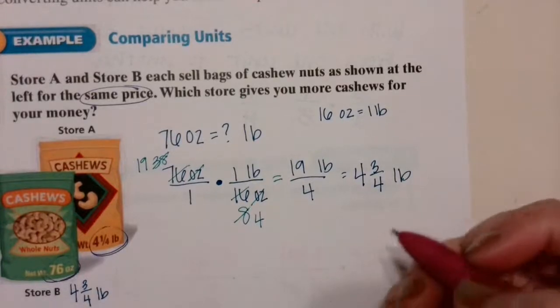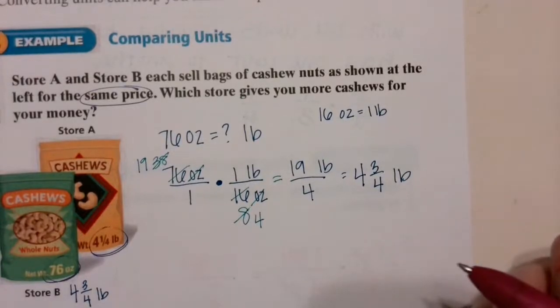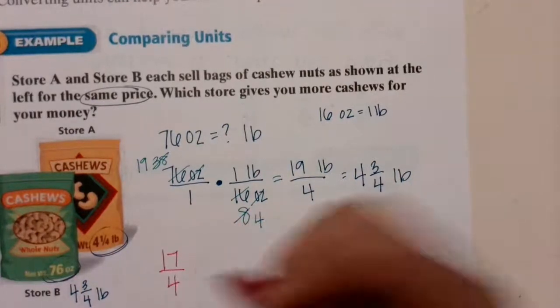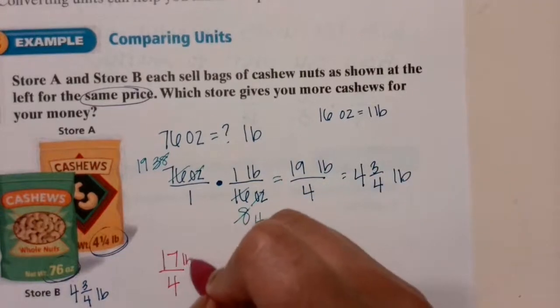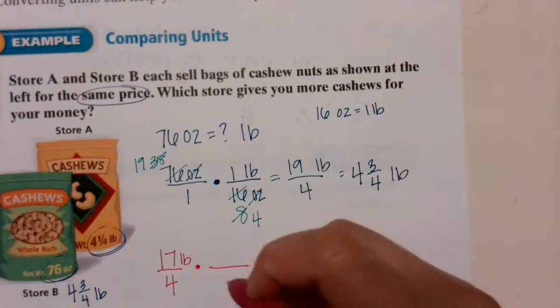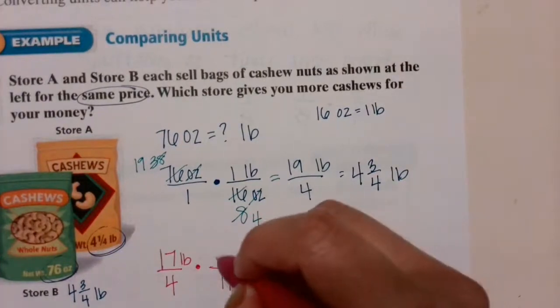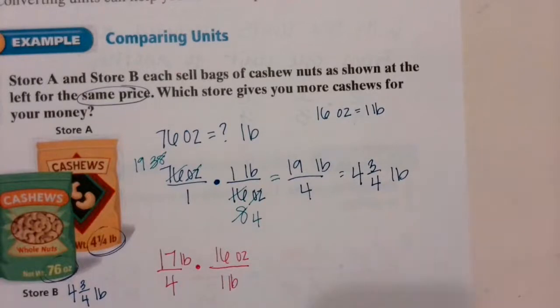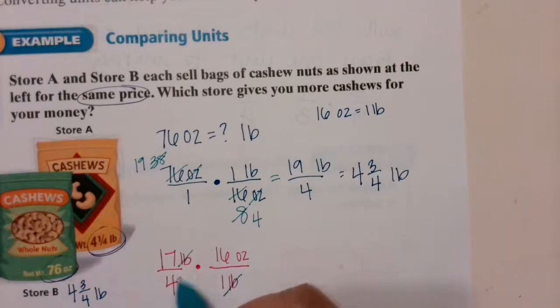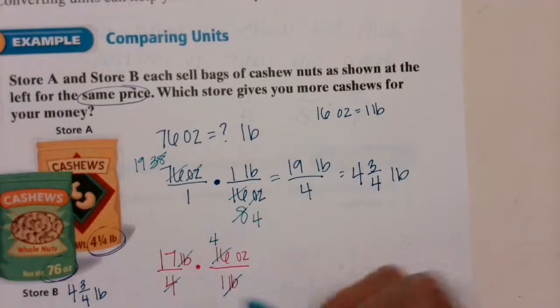Okay, so 4 1/4 pound is 17 fourths. So I'm going to use 17 fourths as my fraction, and that's in pounds. And I'm going to multiply it by another fraction. This time I'm going to put my 1 pound on the bottom and my 16 ounces on top. When I go to do some simplifying, I look at my pounds, those will cancel. The 4 and the 16 are both divisible by 4, so that goes in 4 times, and that is 1.